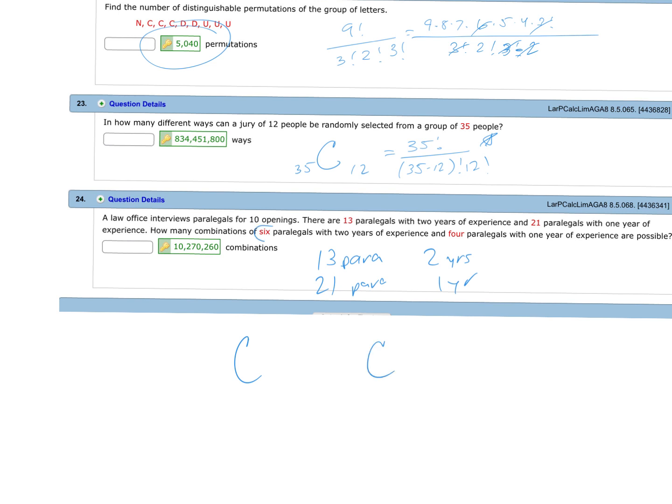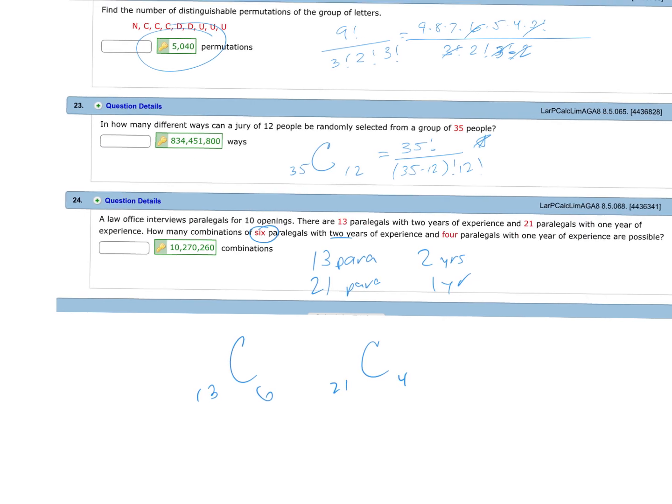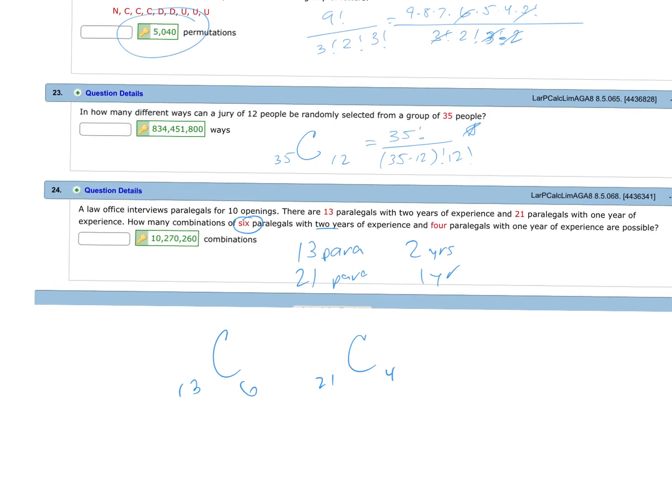They want 6 people with 2 years. So look at the 2-year stats. There's 13 paralegals that have 2 years experience, right? I want 6 of them. They want 4 that have 1 year. How many 1-year people are there? 21. And it says right here, something that will be very important for you guys to understand is this word right here.